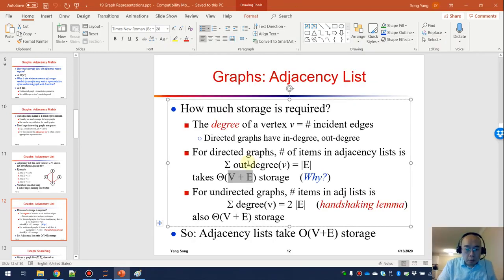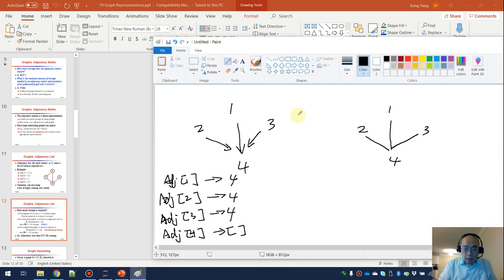Okay, so let's see another one. So how about the undirected graph? For the undirected graph, we will have the ADJ1 as a 4, and the ADJ2 is a 4 as well because 1 is connected to 4, 2 is connected to 4.